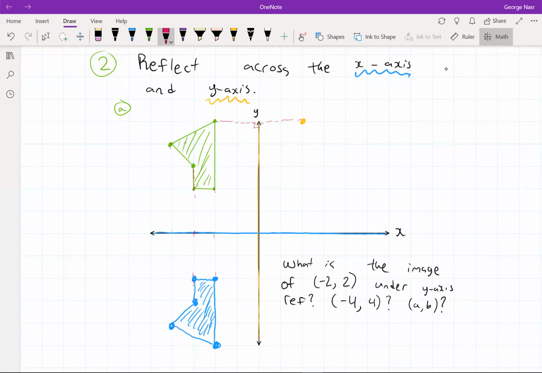This point right here travels 1, 2, 3, 4 to get here. So it's got to travel 4 again. Okay, and you can just continue to do this to get the following picture. Again, I'm just going to clean up.